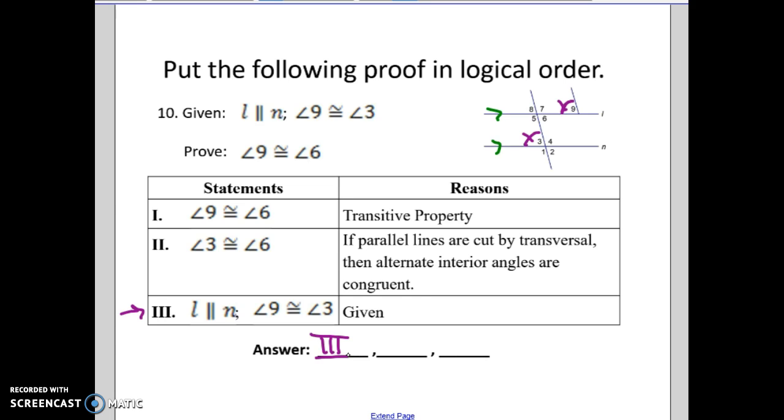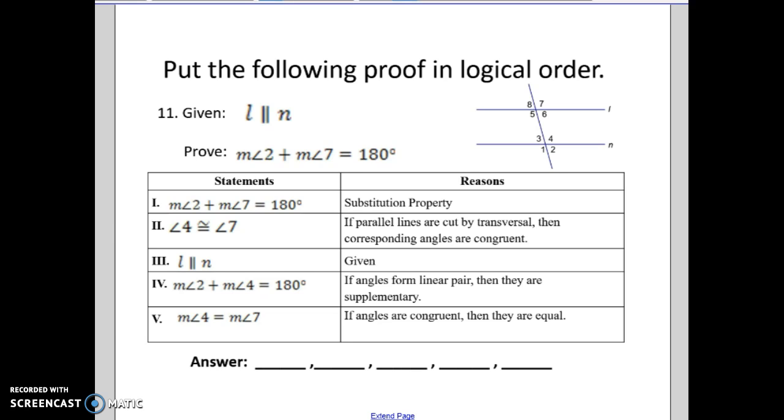But if we look, remember our prove is always our last statement. So we have angle 9 is congruent to angle 6. That's statement 1. So we know it has to be last because that's our proof, which means that step 2 has to be our second step, but it says that angle 3 is congruent to angle 6 because they are alternate interior angles. Okay, good.